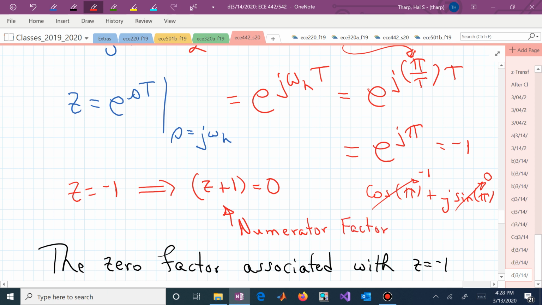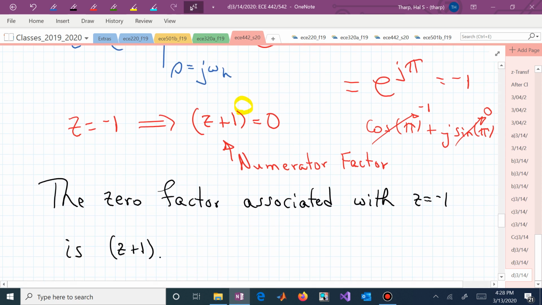And depending on how many zeros at infinity we have, that influences how many of those z plus 1 factors we include in the numerator. So the zero factor associated with z equal to minus 1 is this z plus 1.